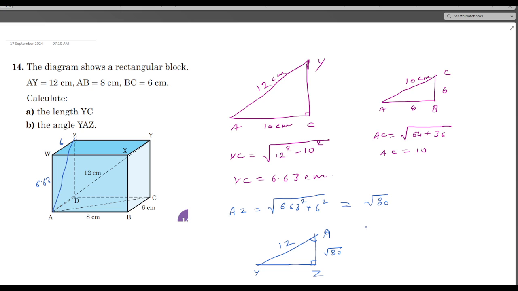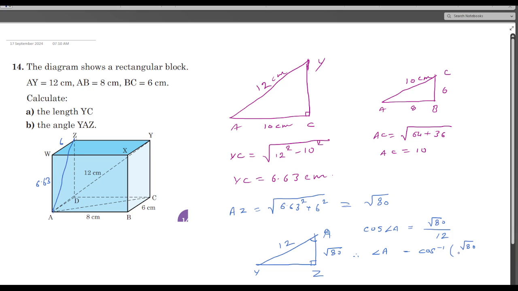I will say that your cos of angle A will be equal to root 80 divided by 12. So therefore your angle A is cos inverse of root 80 divided by 12.